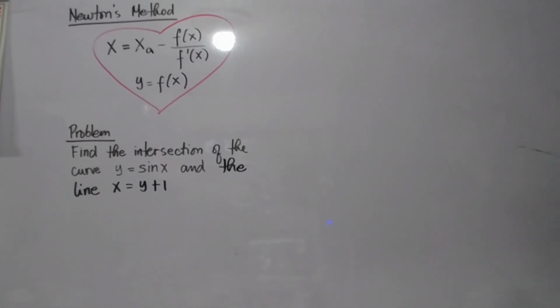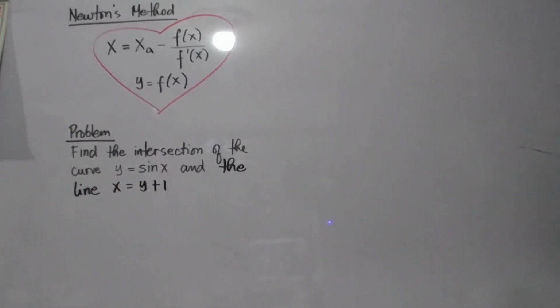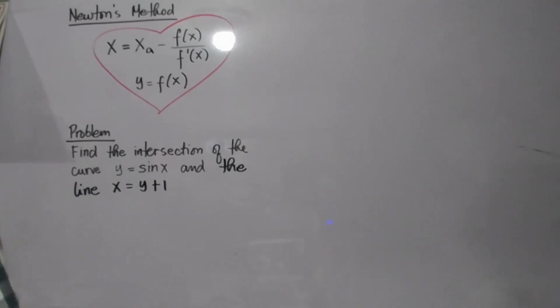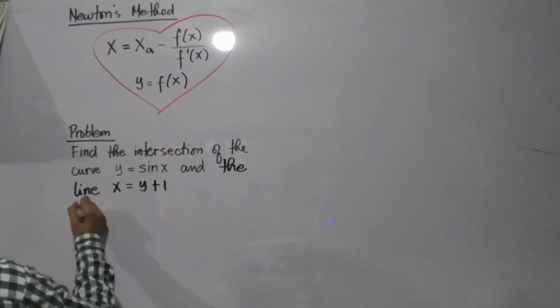Find the intersection of the curve y equals sine x and the line x equals y plus 1. So, to solve this problem, we will apply Newton's method or the iteration method of Newton. So, solution.